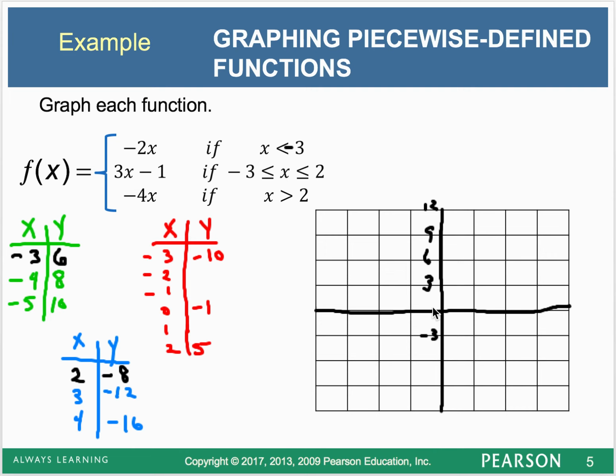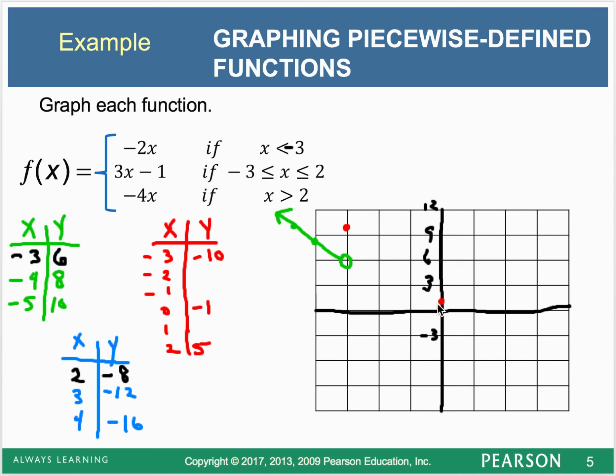All right, so we've got negative 3 and 6, but that's a hole. Okay, and then we've got negative 4 and 8, and negative 5 and 10. All right, so here's that piece. Okay, then we've got negative 3 and negative 10. 0 and negative 1.